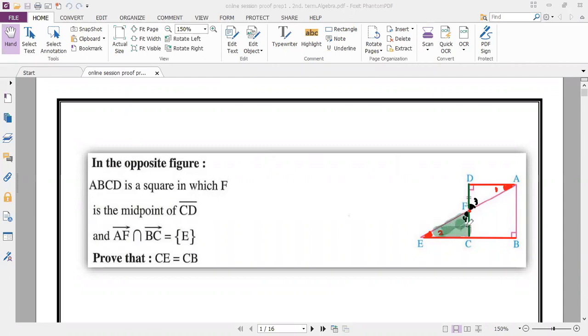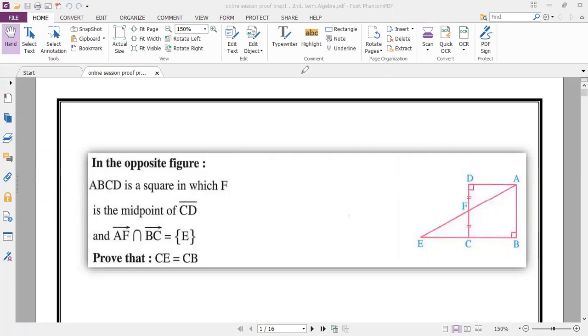From congruence, you will find that the length of CE is equal to the length of DA. And we know that the length of AD is equal to the length of BC.